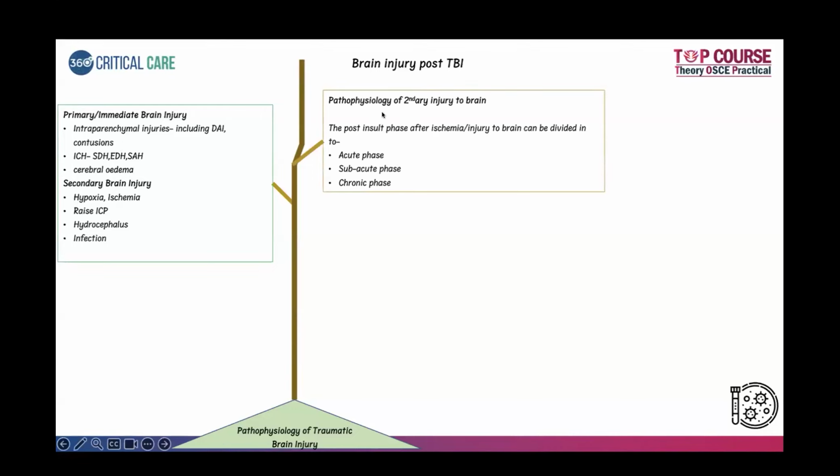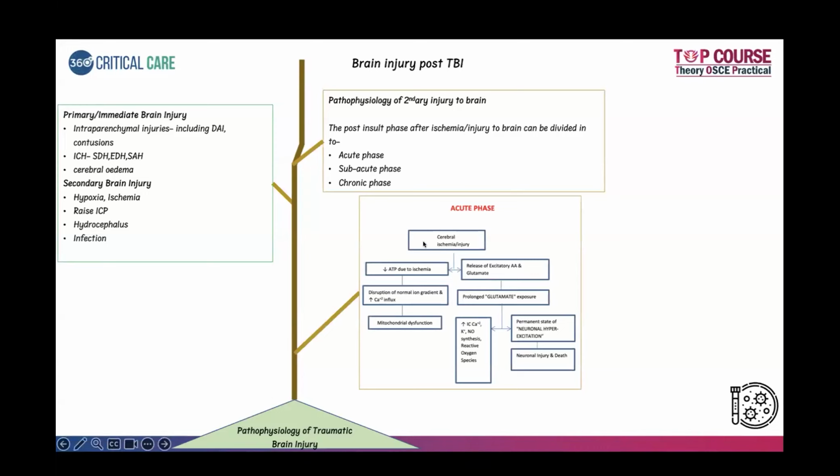Secondary brain injury is the main part that determines the prognosis of a brain injury. There are different stages of secondary brain injury in a traumatic brain injury. This is talking about traumatic brain injury, what happens. So there are stages of secondary brain injury, which are called the acute phase, subacute phase, and chronic phase.